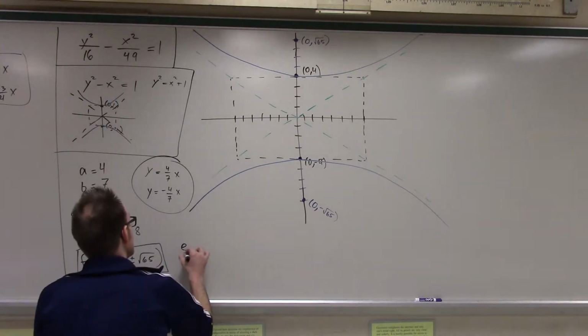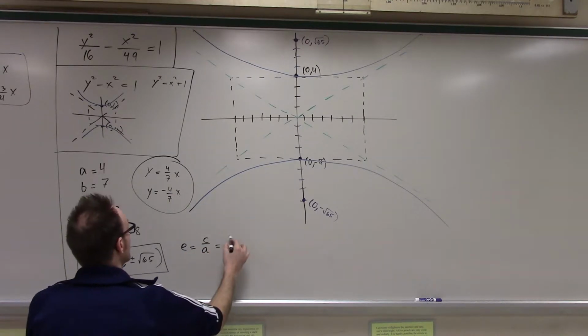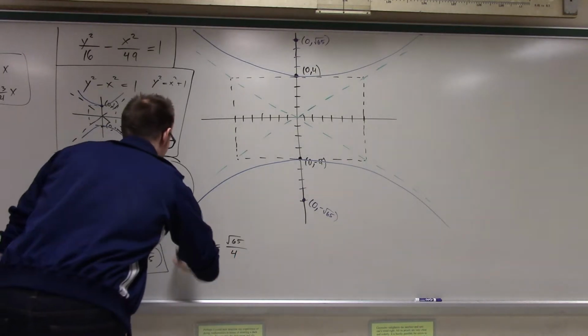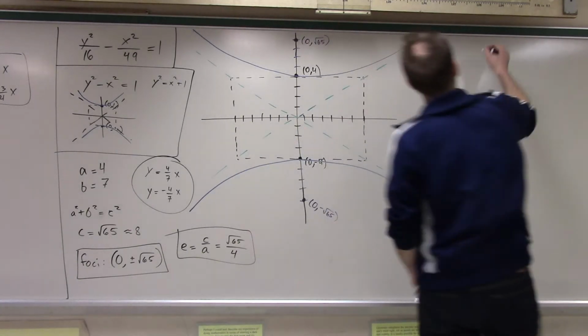What else? The eccentricity. That's easy. The eccentricity is c over a. So that's root 65 over 4 in this case. Okay? That's pretty easy as well. Then there's this other weird reference to the latus rectum. What is the latus rectum?